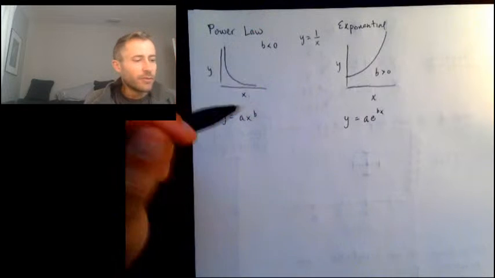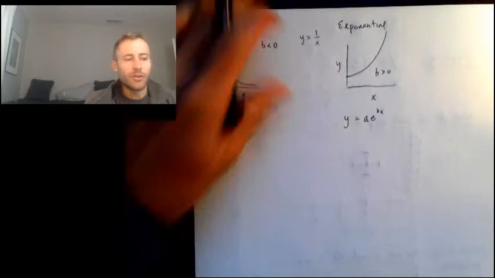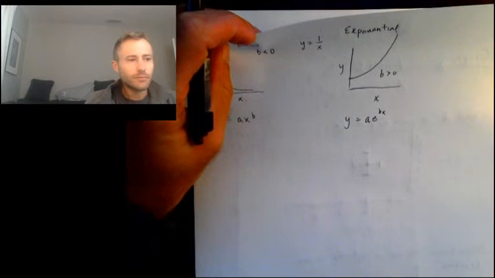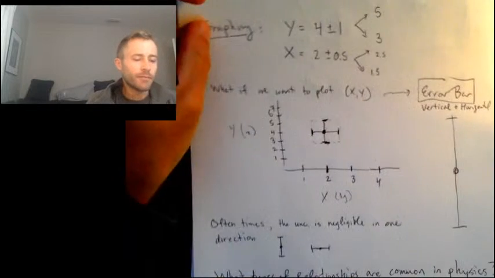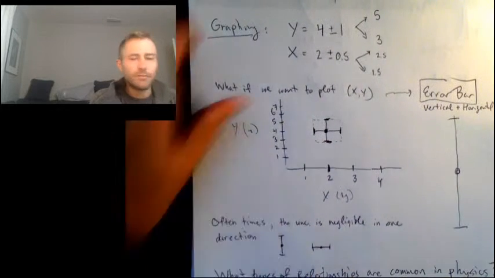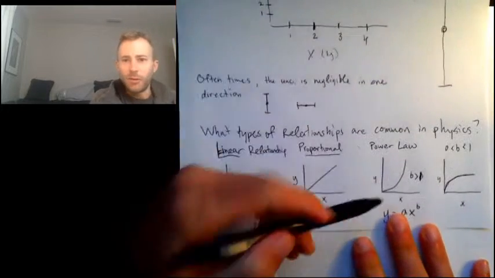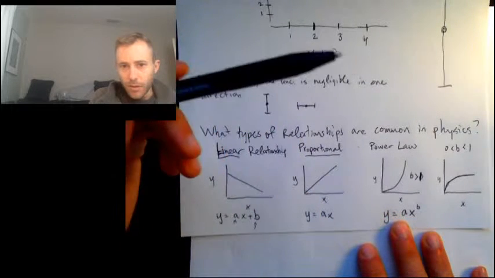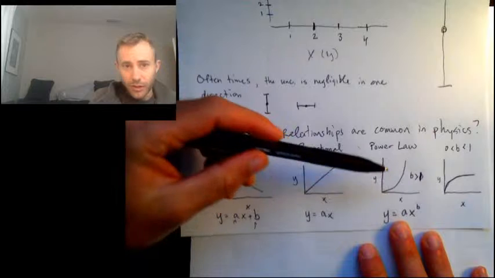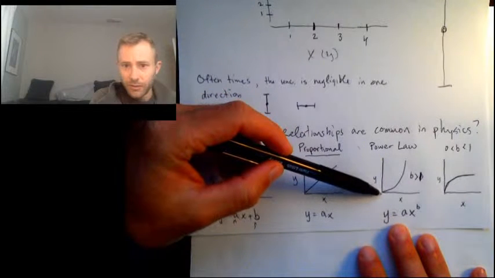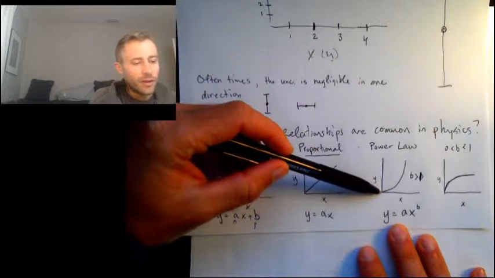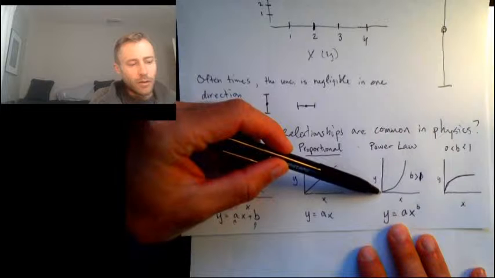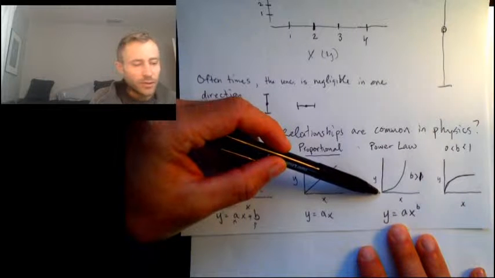How can we tell the difference between exponential growth and a power law with b greater than 1? It's tricky to tell the difference, but one way is that the power law starts at the origin.